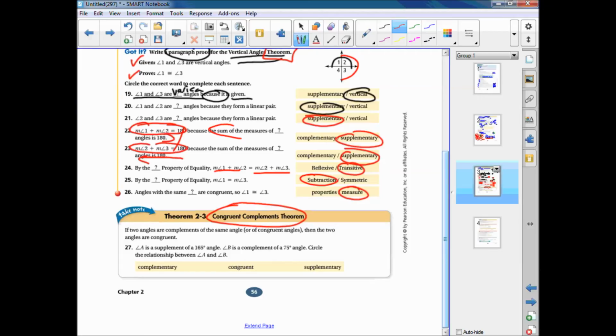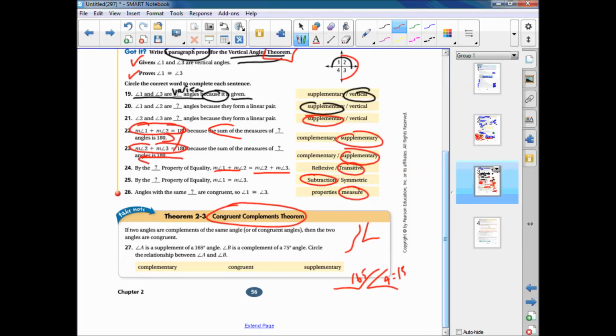So angle A is supplementary to a 165-degree angle, and B is the complement of a 75-degree angle. Circle the relationship between angle A and B. So A is the supplement of 165. Supplement means it's going to add up to 180. So we have a 165-degree angle, and then we have angle A, and that means angle A should be 15, I think, right?